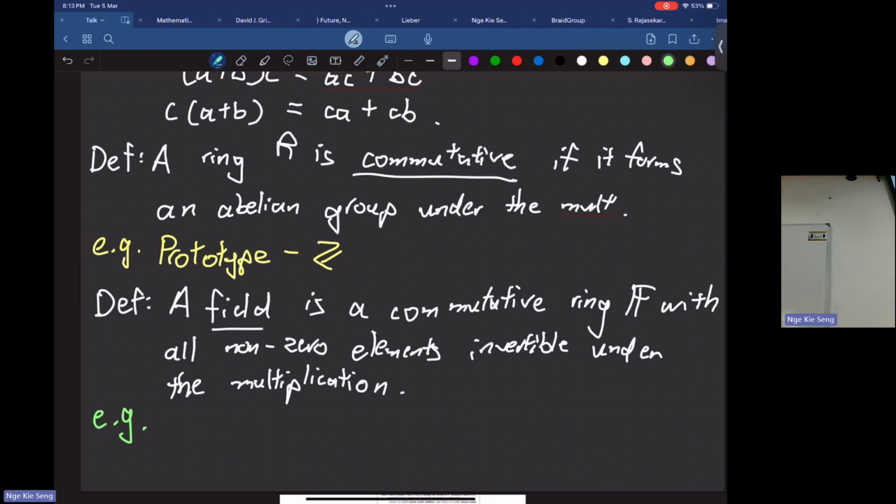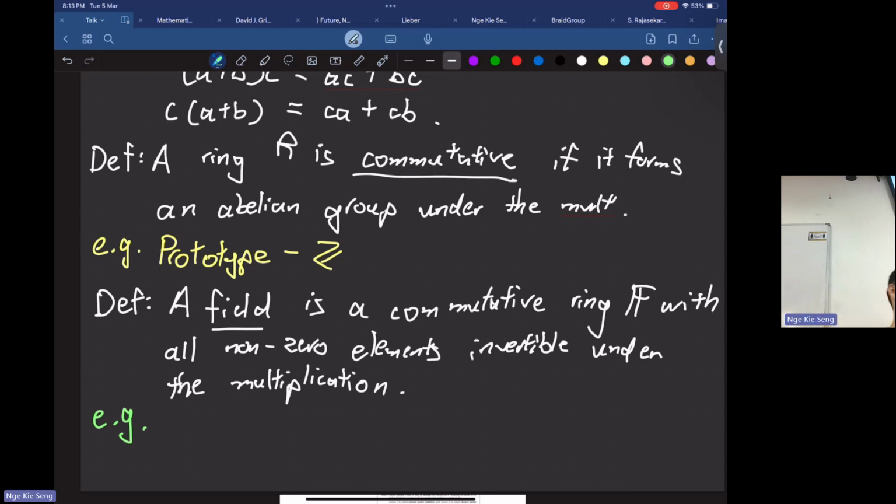Under multiplication, all the non-zero elements are invertible. Any idea? Pick from numbers. Complex numbers? Maybe we don't go so far yet. Can we have a simpler one?